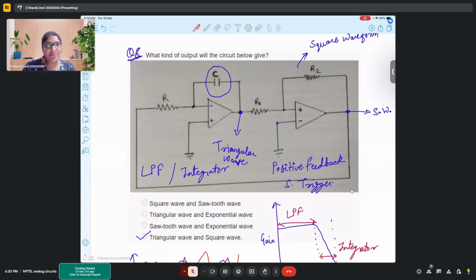It can either be plus VDD or minus VDD. Based on that, your capacitor will either charge or discharge through this path. So this path will be taken for capacitor charging as well as discharging.